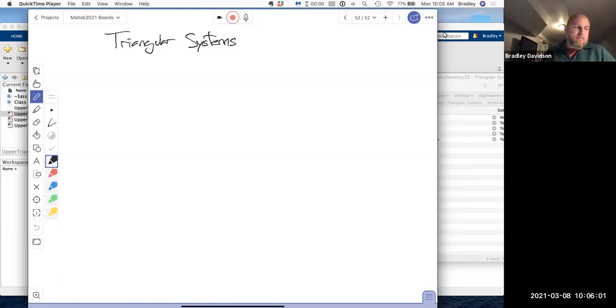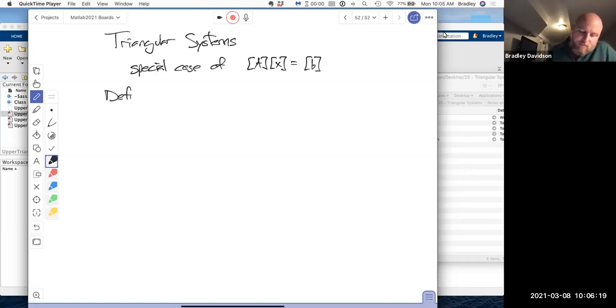Triangular systems are a special case of our AX is equal to B form. This special case is defined by having all zeros, and there are three situations.